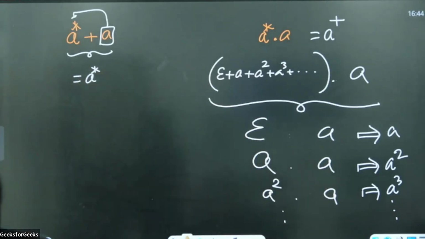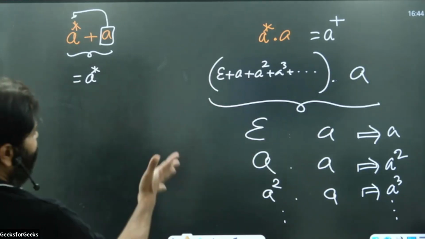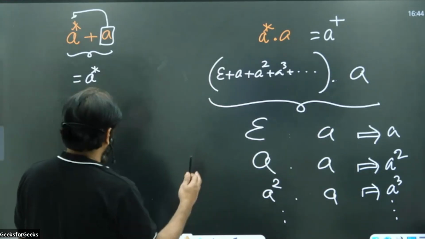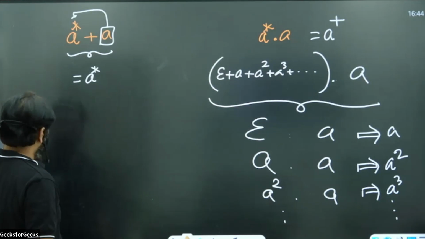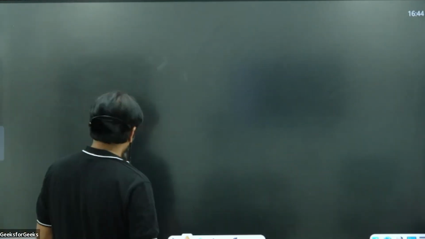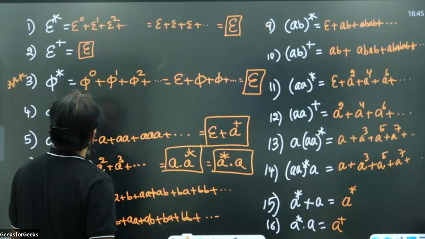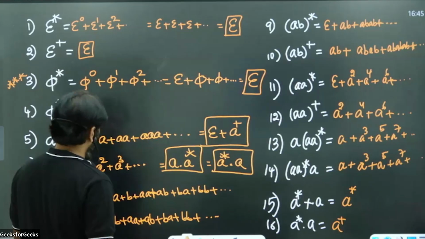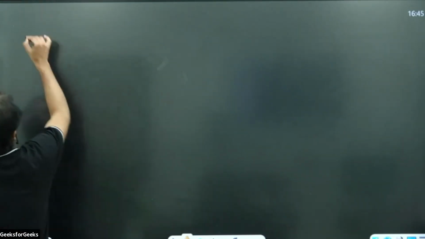Should apply over the strings. Union is just like set, but this dot does not come under set theory. Something different. Okay. 16 we have done, right? 17.